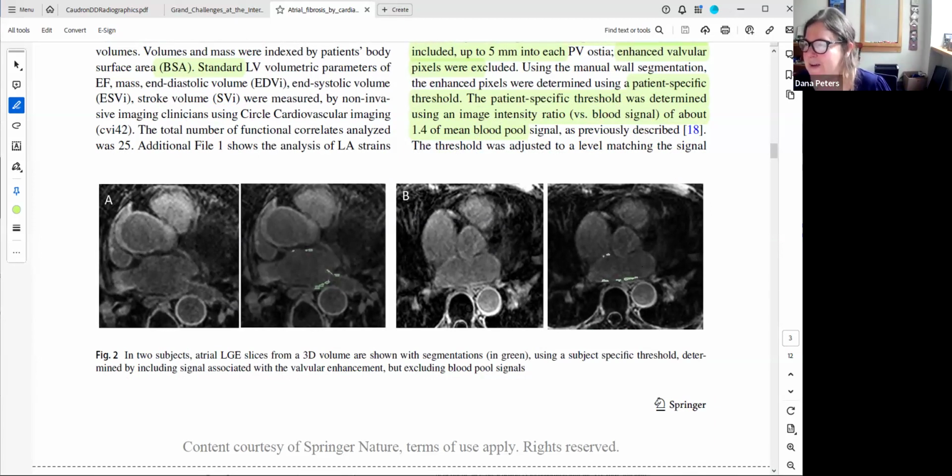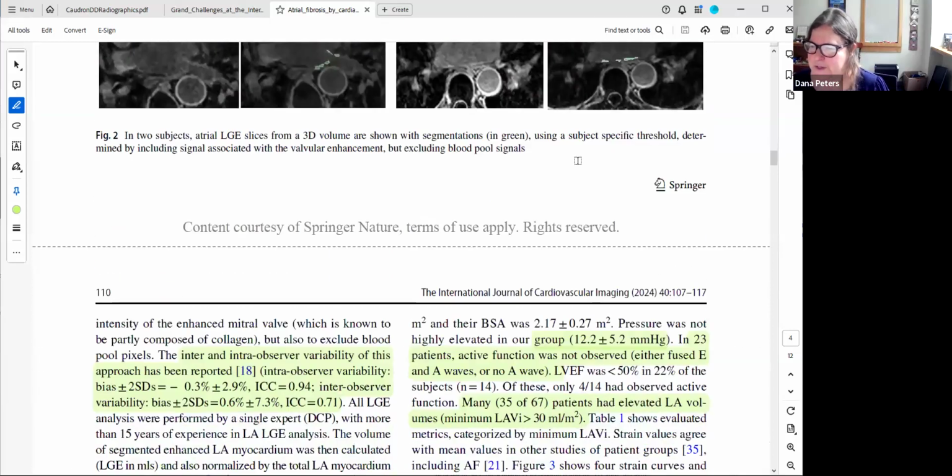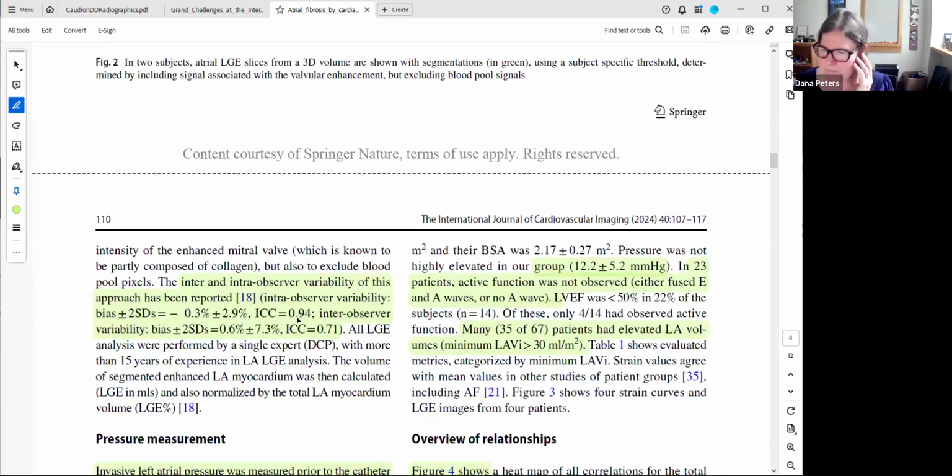We quantified the extent of LGE, and we also normalized it by the left atrial myocardial volume. This has been tested for intra-observer variability and shown to be a very good, reproducible approach for evaluating atrial LGE.